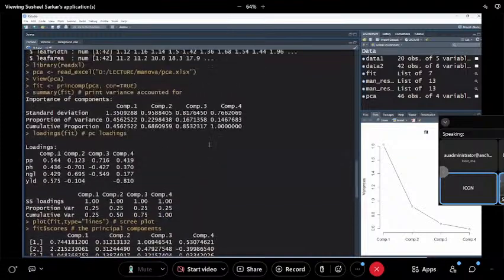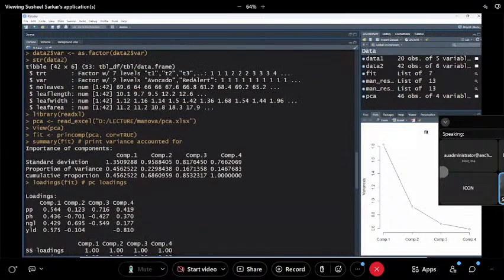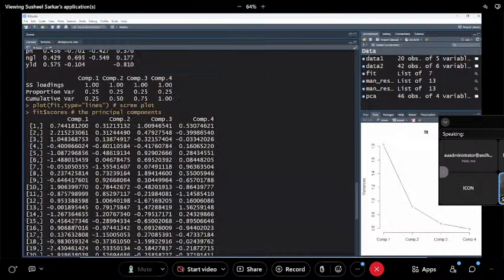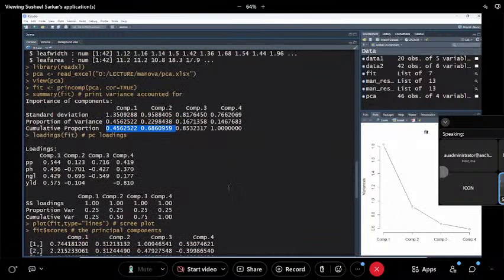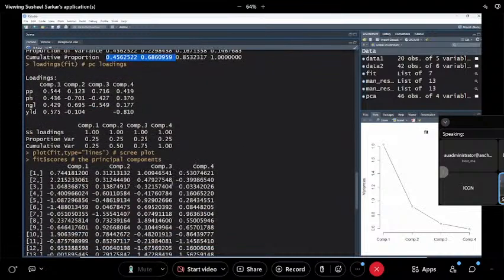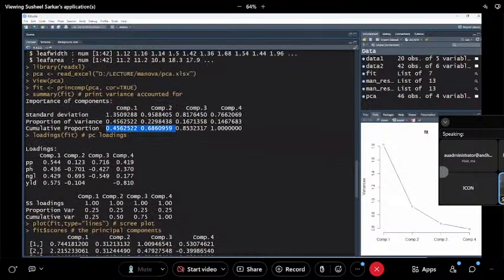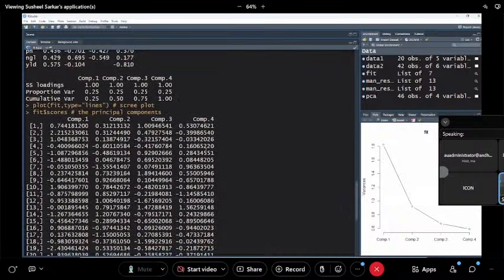If we go with the first 2 components for the further analysis, we will go with 68.6% of variation explained from the original data. If I take all these 3, component 1, component 2, and component 3, I will be dealing with 85.32% of variability. And if I take all 4, there is 100% of variability.